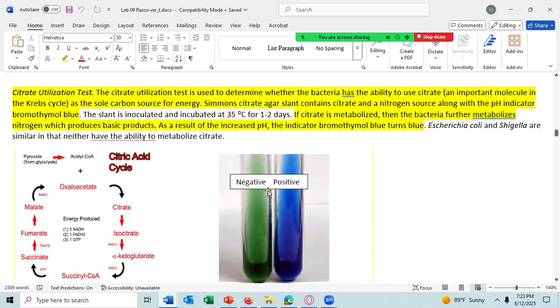Any question about that? I can mention that the pH indicator is bromothymol blue, which at the pH you start it with, I don't remember what that is, but something around pH 7, it's greenish in color. If the bacteria can grow and make products in the tube from citrate, it will change the pH and make it more alkaline, and the tube will turn bluish in color.